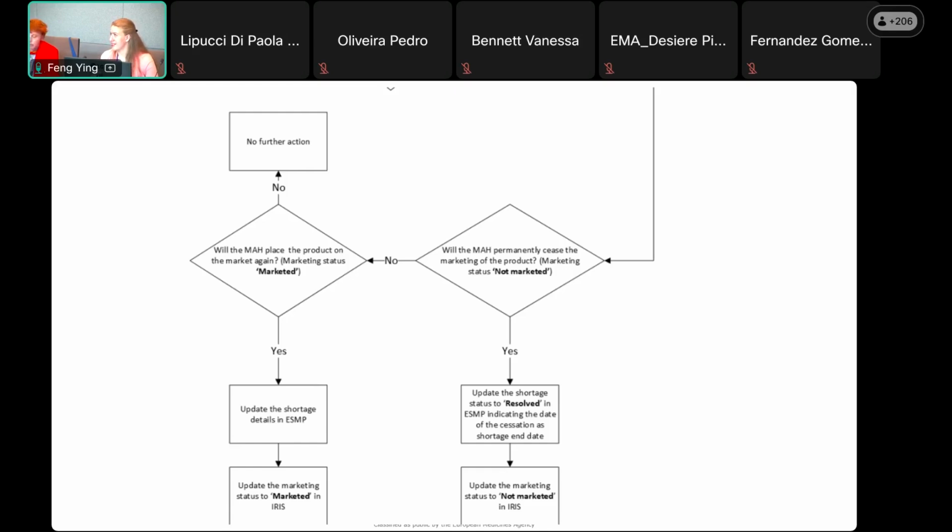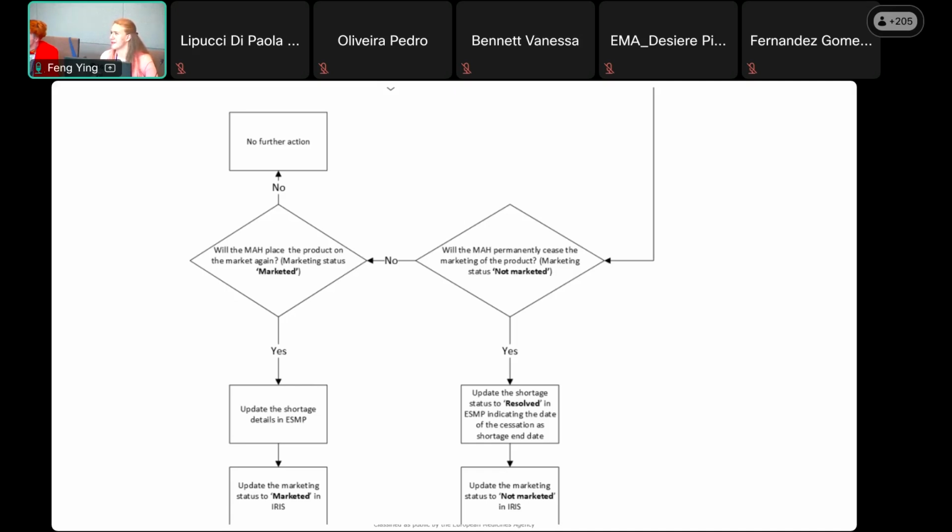The other option that we have here on screen is the status will change to not marketed. And this is actually being again under discussion at the moment. If you have to update the shortage to resolved in ESMP before the end date, before the date that the marketing changes to not marketed.